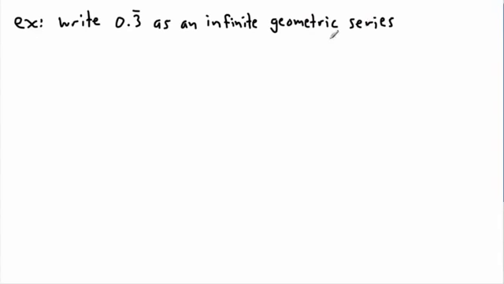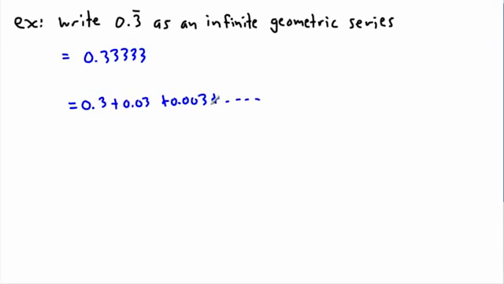First we're just going to write it out as one thing plus another plus another. So in this case, let's actually do it. Well, 0.3 repeating means 0.33333 keeps going forever. So how can I write that? Well, that's like saying 0.3 plus 0.03 plus 0.003 plus... See, now I've got a series here.